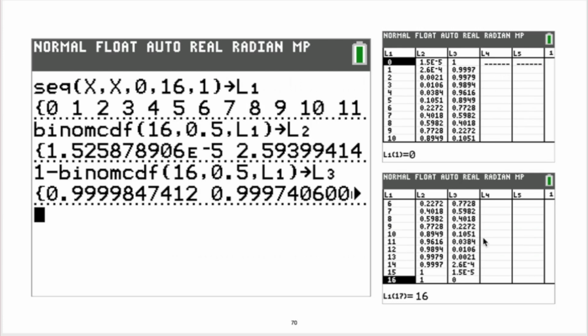So we just need to make sure that we understand what the values in list 3 correspond to. The point I'm trying to make is, if we were to use 4 as the lower critical point and 12 as the upper critical point, then the significance level of the test would be 0.0384 plus 0.0384, which is 0.0768.